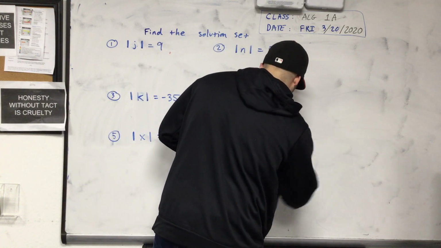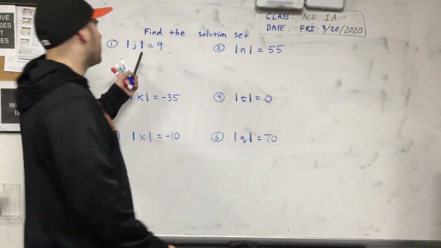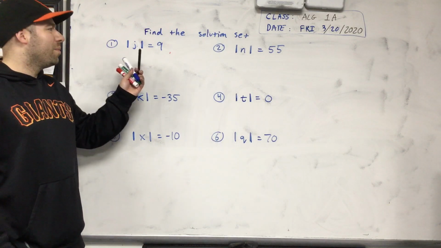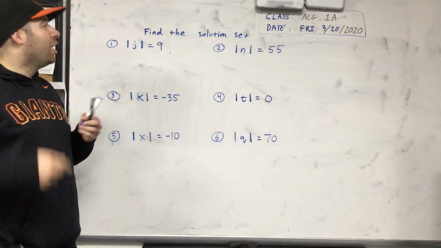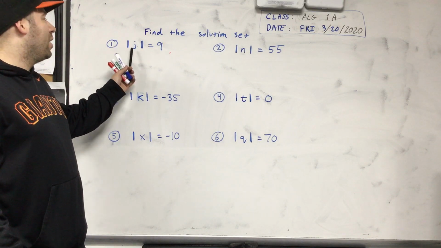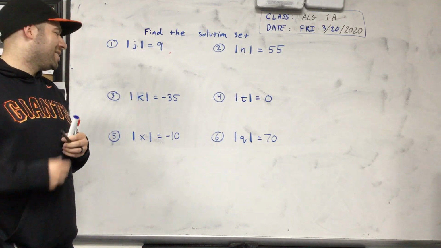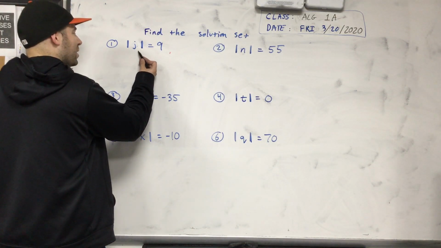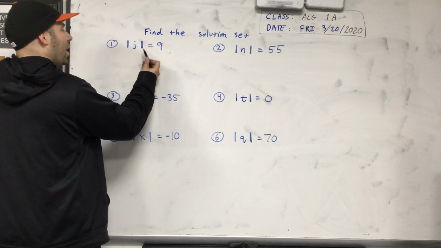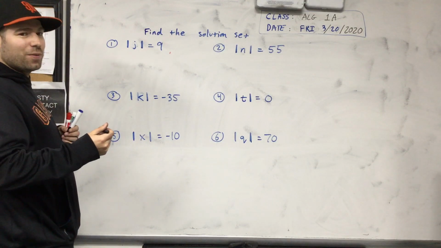Okay? Now, there's algebra. There are variables inside of the bars, which means that we have to account for all values of j that get me a distance of 9. So, first things first, are the bars isolated? Is the output positive or negative?